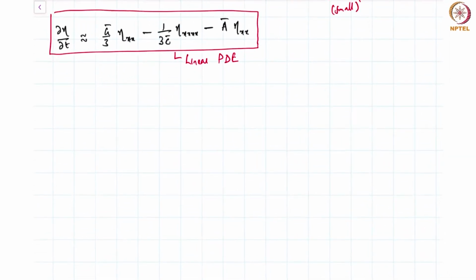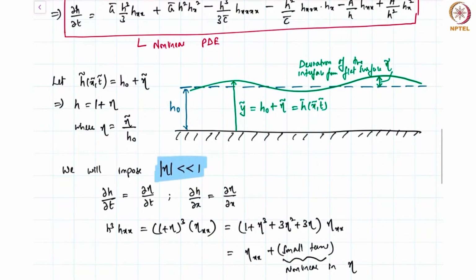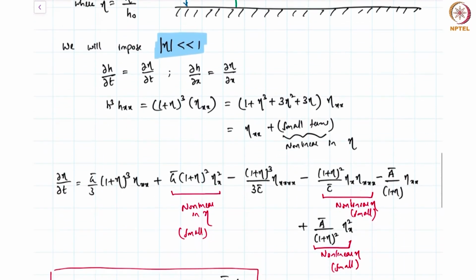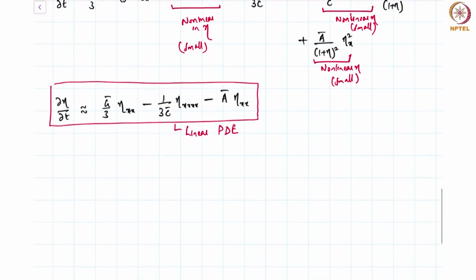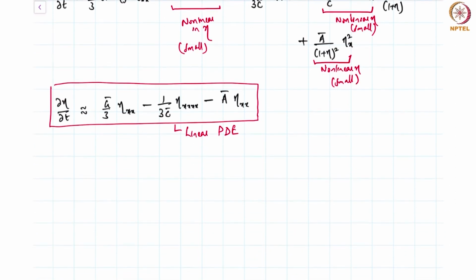So in other words, you notice here that this is an interface which is going from minus infinity to plus infinity in the horizontal direction, and any arbitrary disturbance of this nature, which is eta hat, can always be written in terms of a Fourier decomposition in the x direction. We've already done this when I gave you a brief introduction to linear stability analysis.